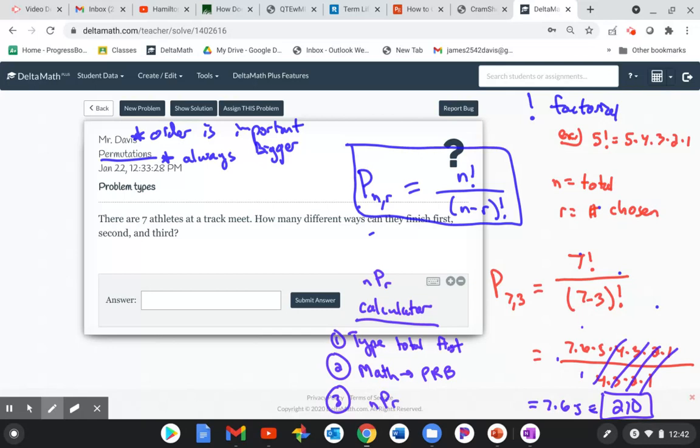So I'm going to hit 7, math, over to nPr, and then I'm choosing 3. So it looks like this. Sorry, there's a lot of space here. So 7 nPr 3. Enter, and I'll get the same 210. 7 nPr 3 is 210. And we'll go over that a few times.